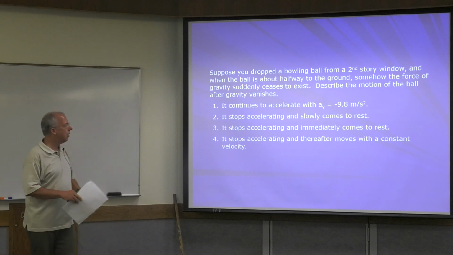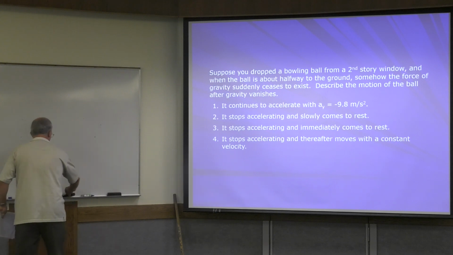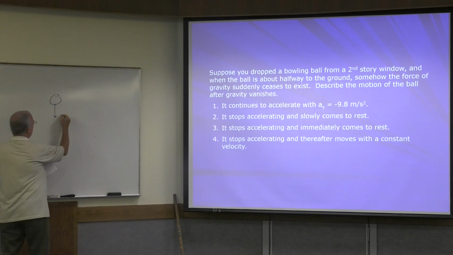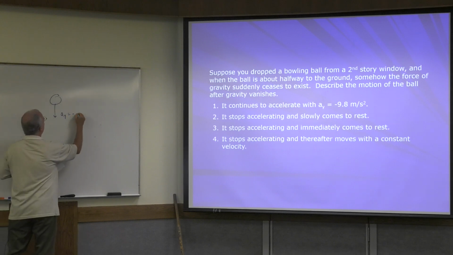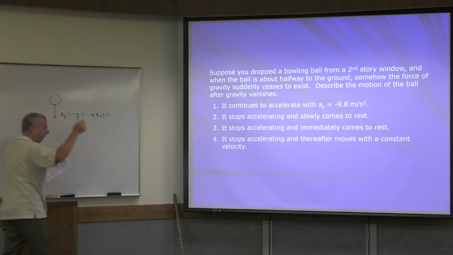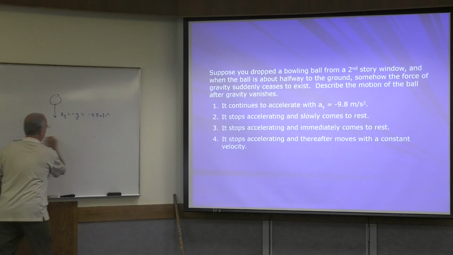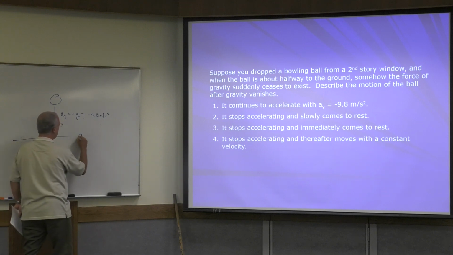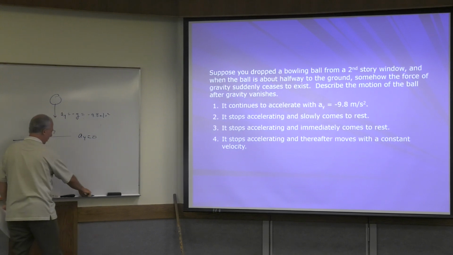All right, so you have this ball and it's accelerating, right? a_y equals minus g equals minus 9.8 meters per second squared. So it's going faster and faster and faster. But then it reaches a location where all of a sudden a_y equals 0.